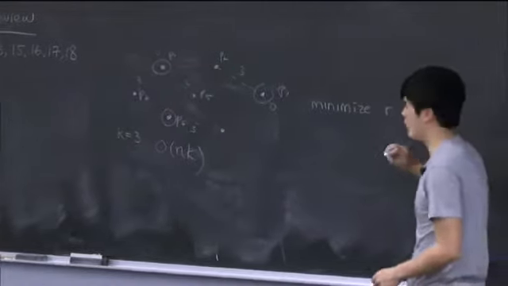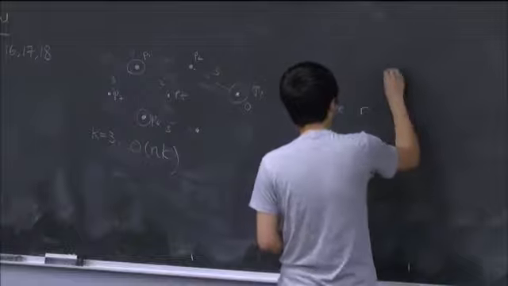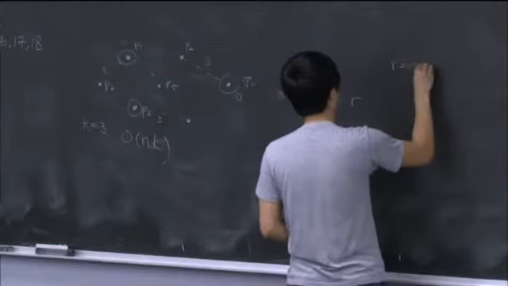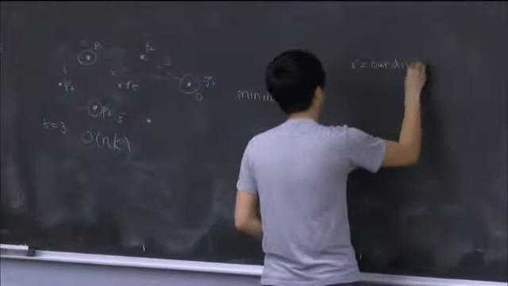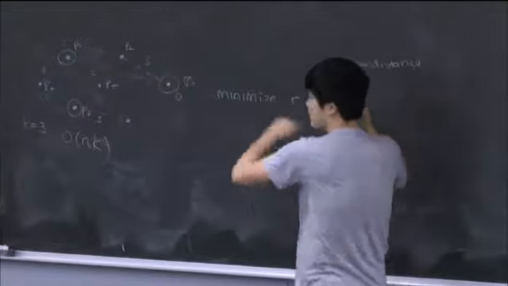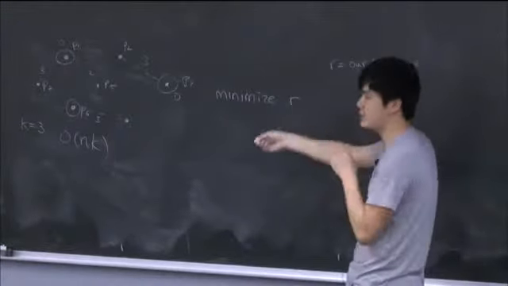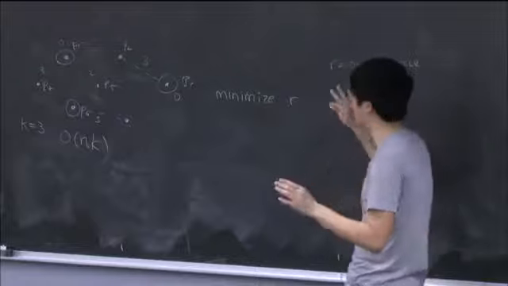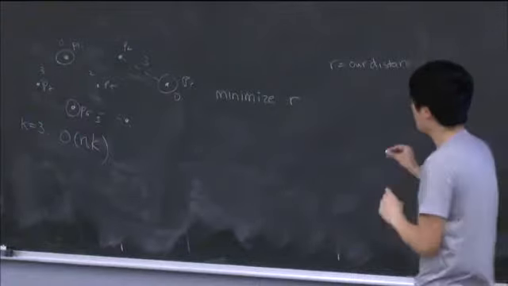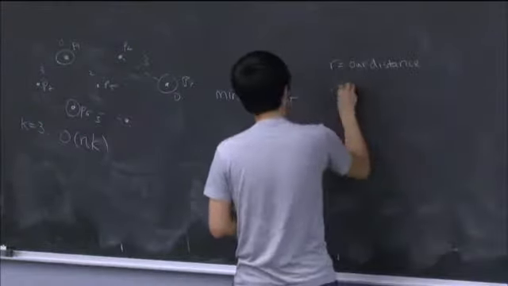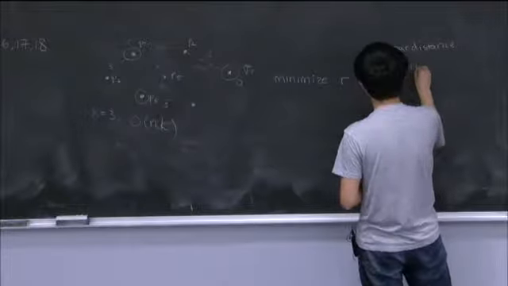We're trying to minimize r. So once we calculate this using our algorithm, r is going to be the distance such that we can say that everyone is within r of a hospital, and then let's say that r star is going to be the optimal solution, okay?